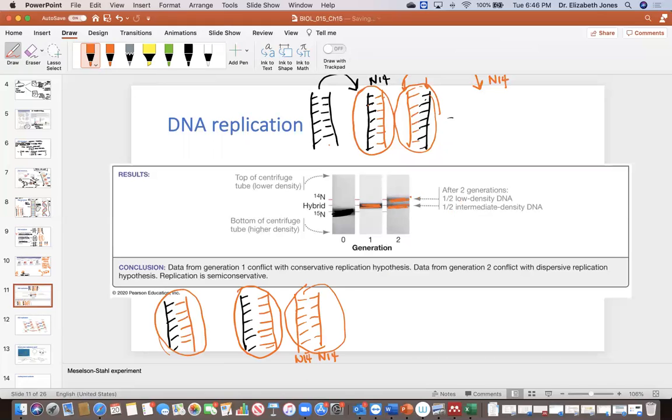And so this is even lighter up here, okay? So make sure that you understand this experiment. If you don't, there are a number of YouTube videos that will explain this line of reasoning to you, but I just really want you to understand the thinking here and to understand that this experiment, the Meselson-Stahl experiment, demonstrated that DNA is replicated in a semi-conservative fashion.